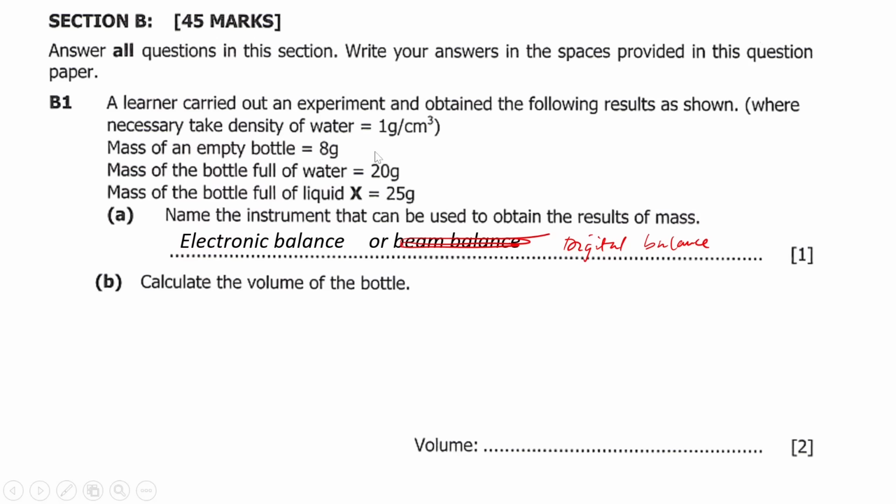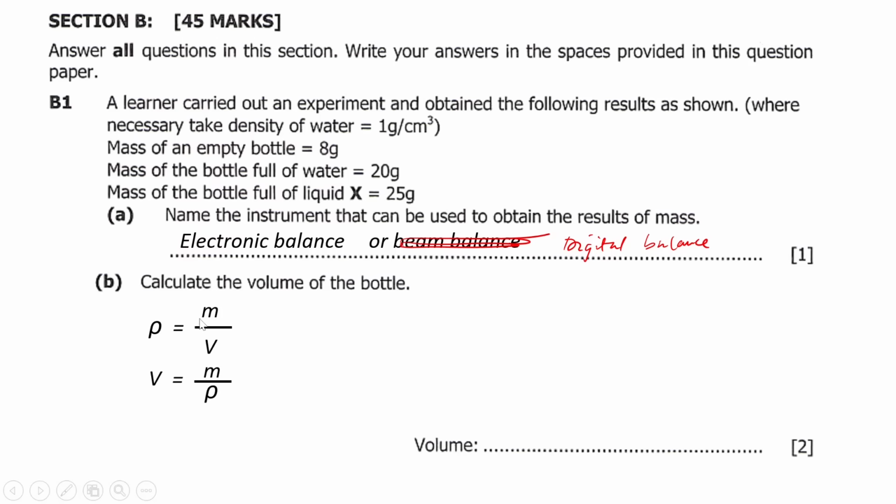So if they say calculate the volume of the bottle, we need to know the formula which has volume, which is this formula here. Density is equal to mass over volume. So we'll make volume the subject of the formula. So volume is equal to mass over density.